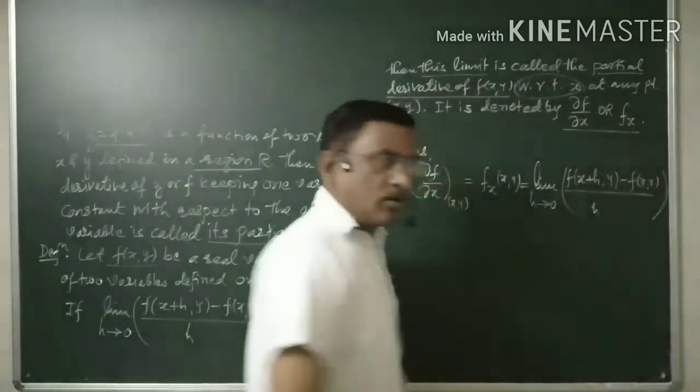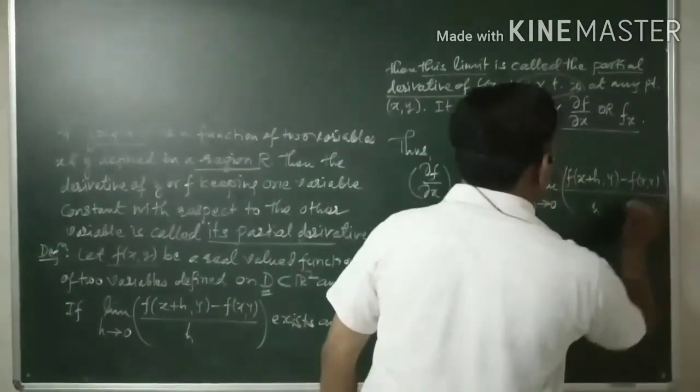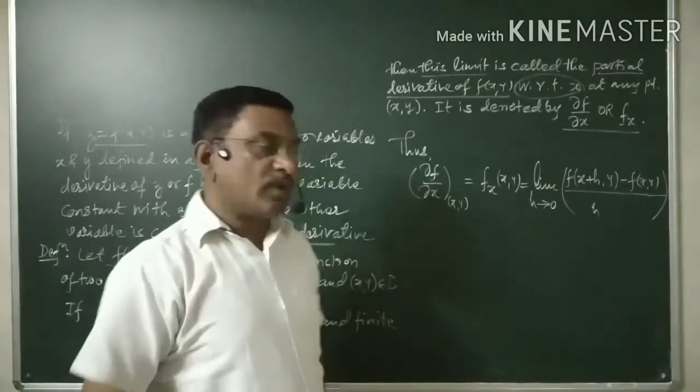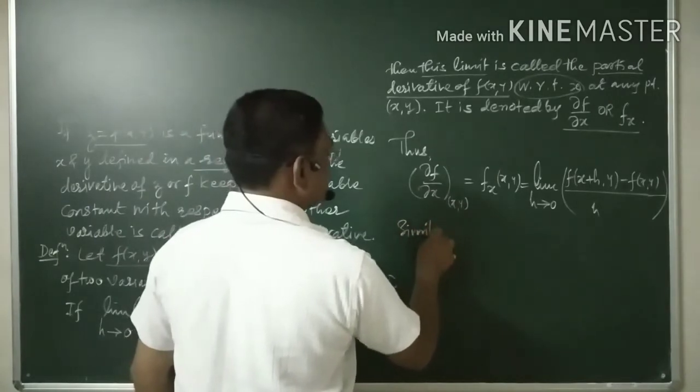This is the definition of the partial derivative of a function of two variables x and y with respect to x.